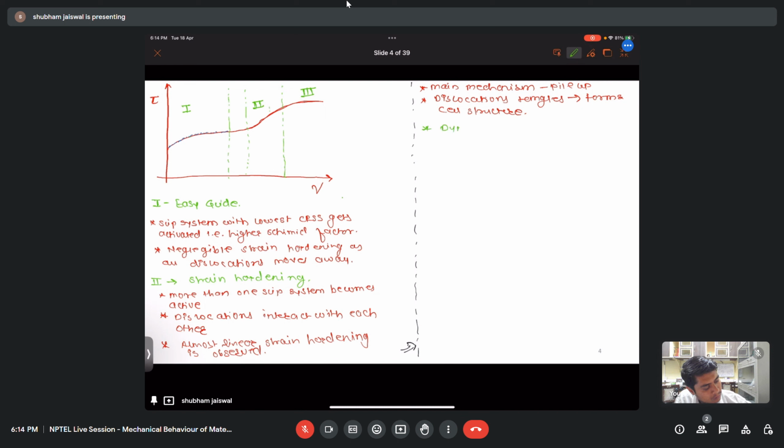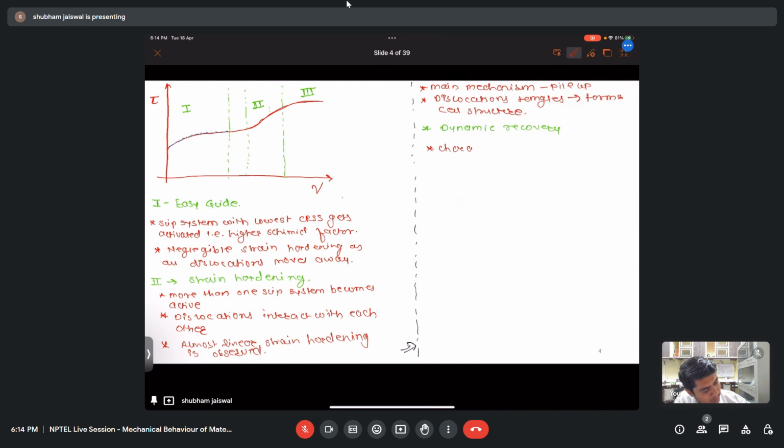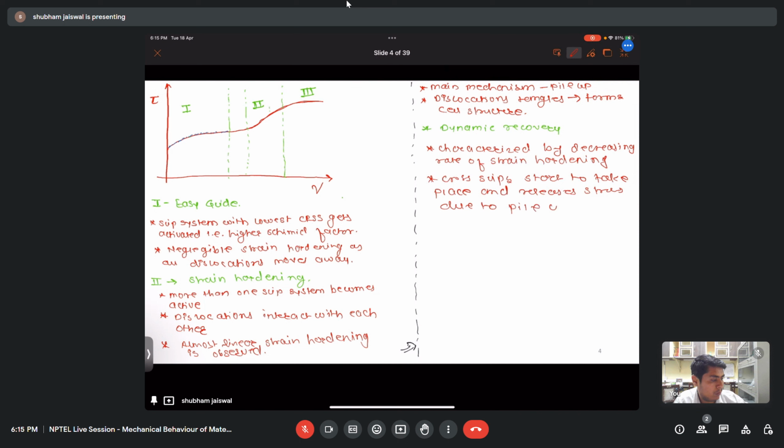So, dynamic recovery: cross slip starts to take place and releases the stress due to piling.